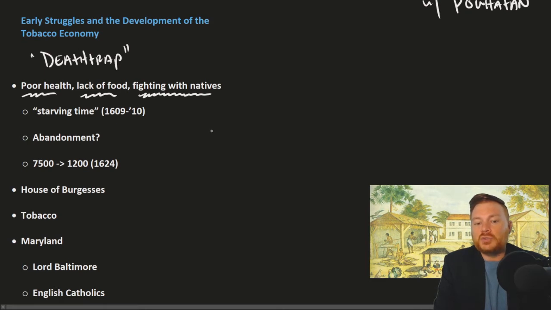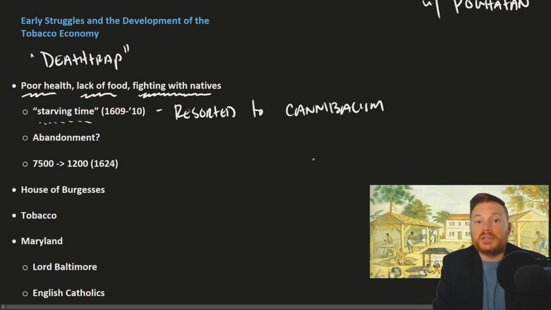In fact, things were so dire that in the winter of 1609 to 1610, the colonists resorted to cannibalism simply to survive. This was called starving time. So we might say resort to cannibalism. And that was they dug up the dead bodies of people and ate them so they could survive, just to give you an idea of how dire it was.